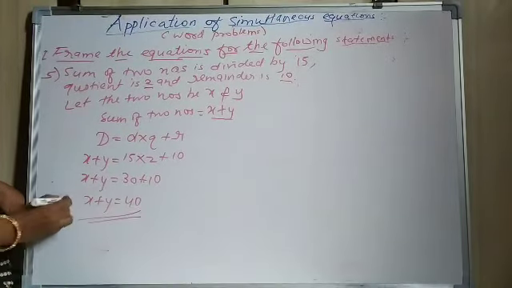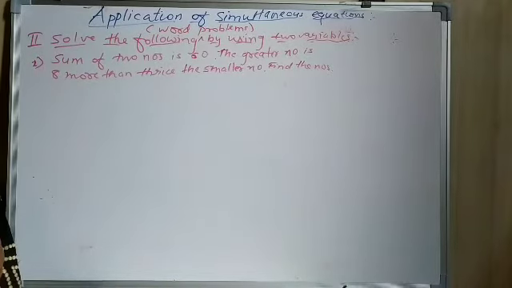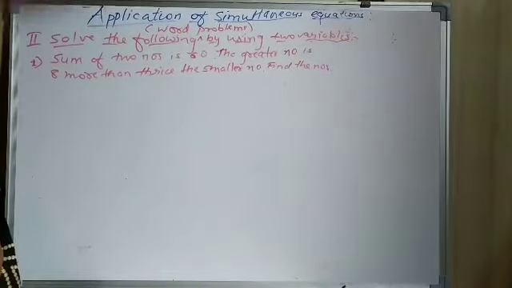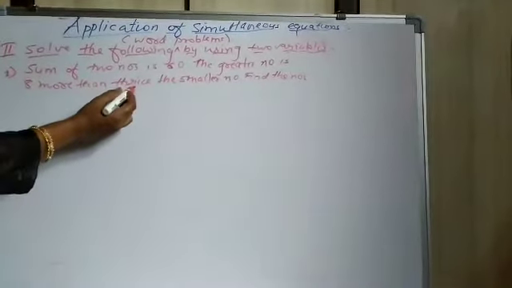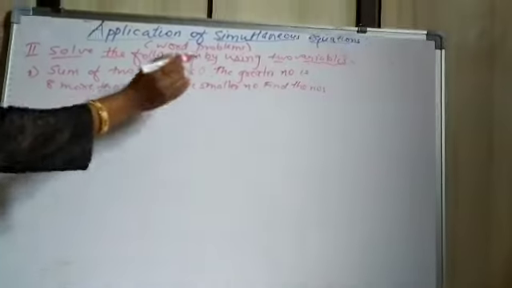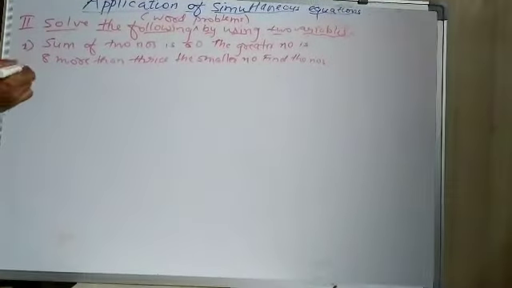Now how to solve word problems based on simultaneous equations by using two variables. First example: the sum of two numbers is 60. Second statement: the greater number is 8 more than thrice the smaller number. Find the numbers. So let us start.